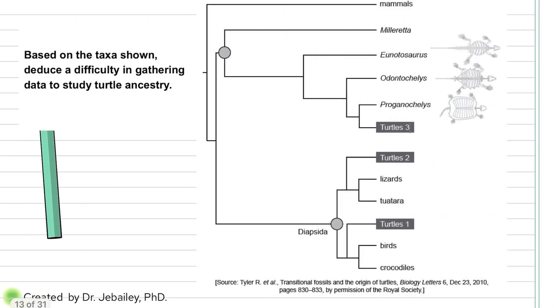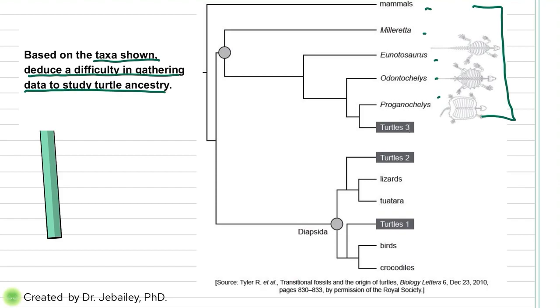Now, let's go for the next one. It says, based on the taxa shown, deduce the difficulty in gathering the data to study the turtle ancestry. If these guys have been extinct, it's very hard for you to find their DNA or their proteins, so you don't really know if this was the right pattern. That's the first thing. Because they were extinct, it's hard to have DNA or amino acid evidence.